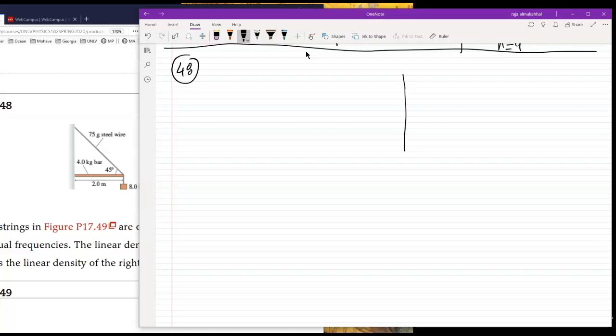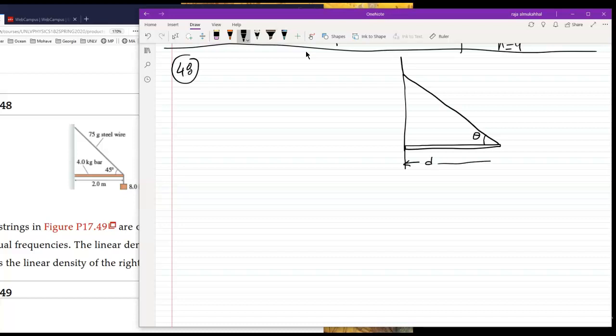Here's the wall. Here's the beam. And then here's the steel wire. Okay. And here's the angle, theta. I'll come back to this 45. Then I have the length of the beam. I'm going to call it D for now.